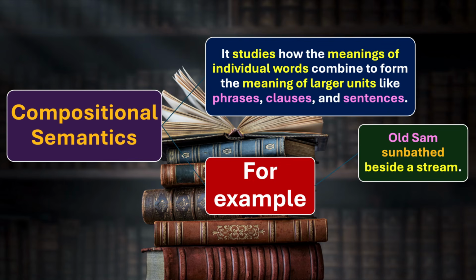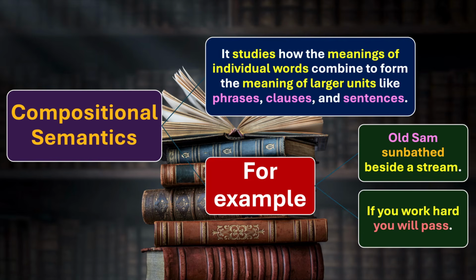But first we will divide them into constituents. Phrases like old Sam, one chunk of ideas, one block of ideas, one phrase. Then sunbathed, this is another phrase. Then beside a stream, this is another phrase. And putting all these phrases together, it forms a sentence, what we call compositional semantics.